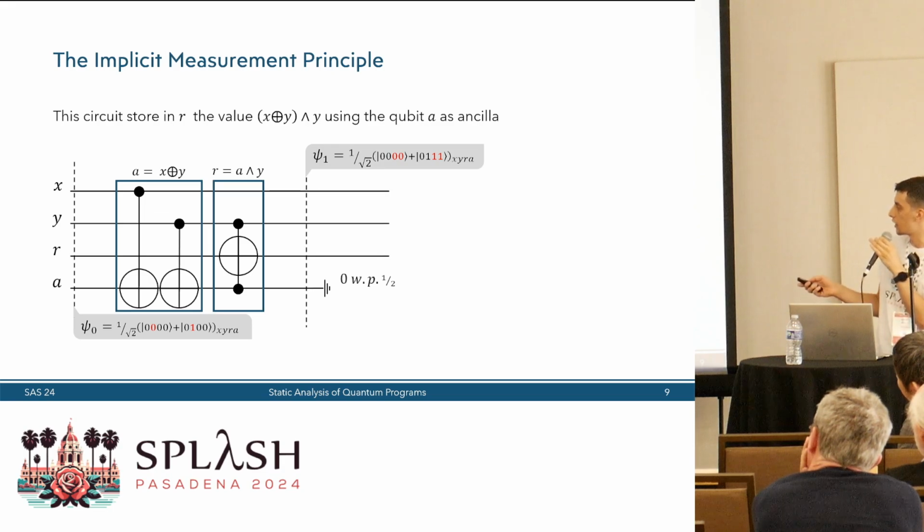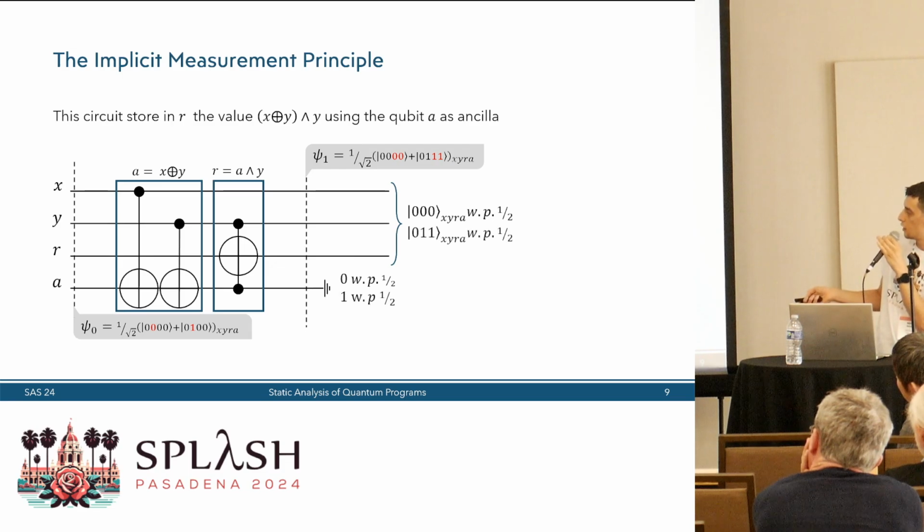In particular, we can have 0 or 1, but here A is entangled with the other variable. So if this implicit measurement causes A to collapse to 0, the rest of the state will also collapse to 0. If A collapses to 1, the rest of the state will collapse to 0, 1, 1.